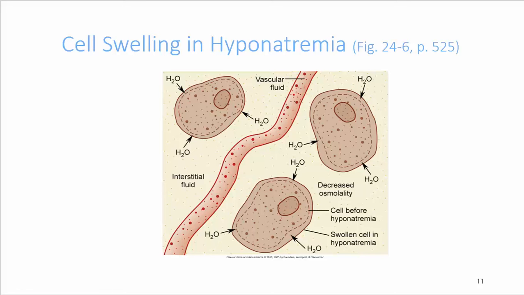The clinical manifestations in kind of the more mild cases are malaise and anorexia. You get nausea, vomiting, headache. Oftentimes blood pressure goes up a little bit, but mostly what's happening here is the decreased osmolality means that water starts going via osmosis into the cells, and all the cells in your body start to swell up, and your brain swells to the point where it becomes too big for the skull.